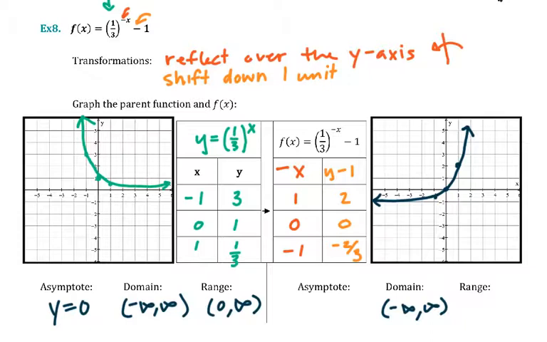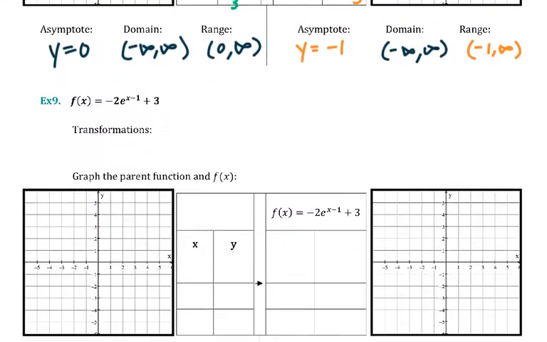And shifting down 1 unit means that asymptote moved from 0 down to -1. And my range also is going to become -1 to positive infinity. So we see that asymptote is right there. Instead of in the original, we had it at 0. All right. So let's do one more exponential, and then we've got 2 logarithmic graphs.